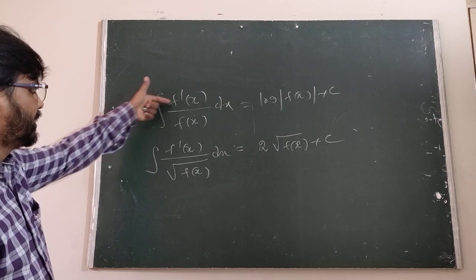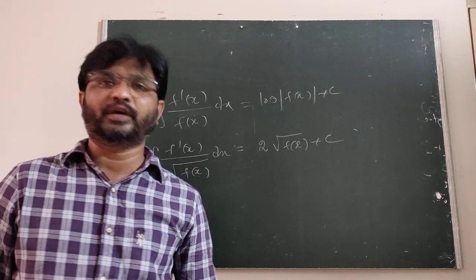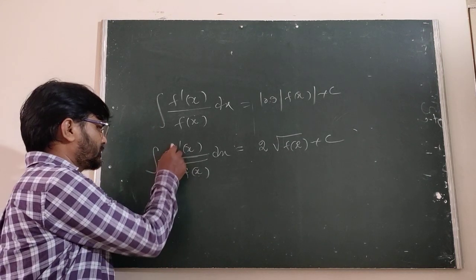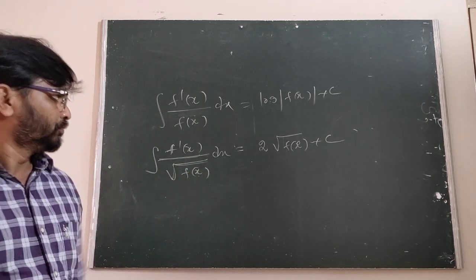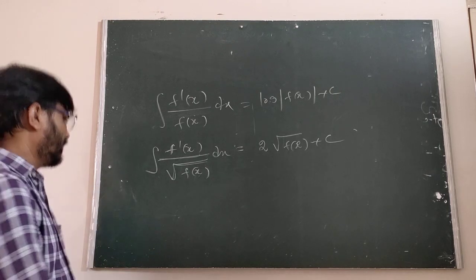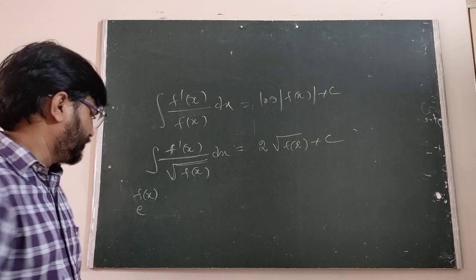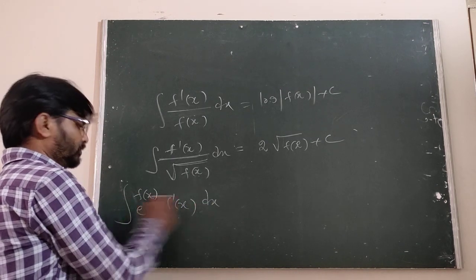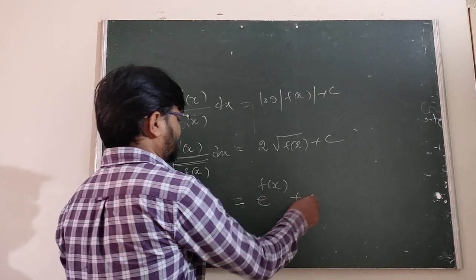First of all, the integral f dash of x by f of x dx is the log mod of f of x plus c. Then the integral f dash of x upon root of f of x dx equals 2 into under root f of x plus c. Now the third one, e power f of x into f dash of x dx, is e power f of x plus c.